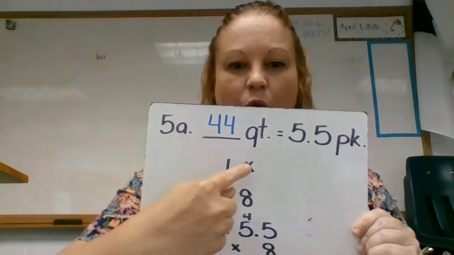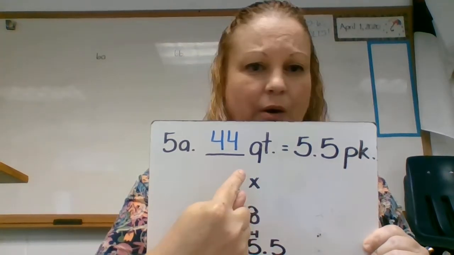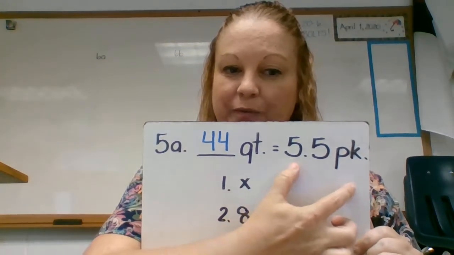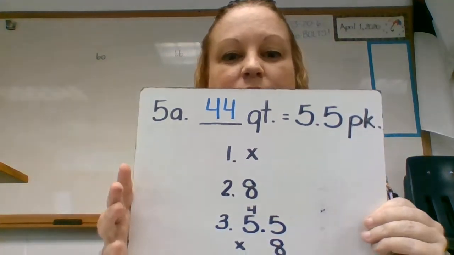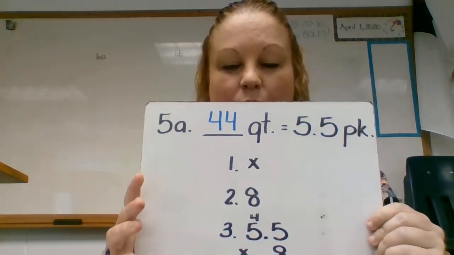So it doesn't matter that quart is here and pecks here. We're not going smaller to larger. The measurement we're given is the larger one. Larger to smaller, multiply. So watch out for that. And in the back of your books, if you still have the back of your books in shape, page 397 and 398 go through all those measurement equivalents, especially on page 398.